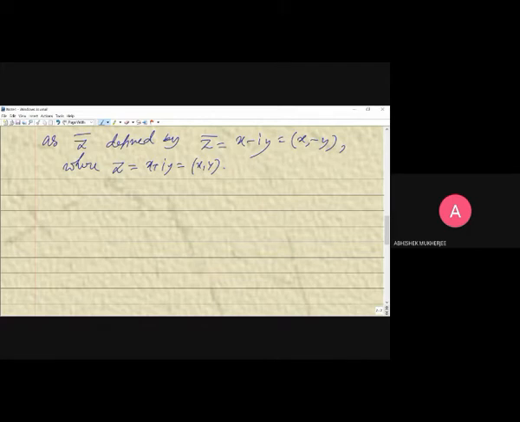So this is your definition of conjugate. So if you have z, this is your z, its coordinates are xy. If you want to get the conjugate of z, this is your x and this is your y. So what would be the minus y? In this direction, right? So it is x, minus y. So it's a reflection with respect to the x axis.